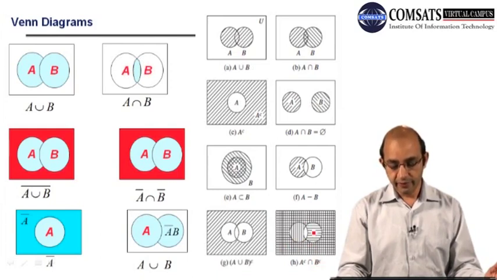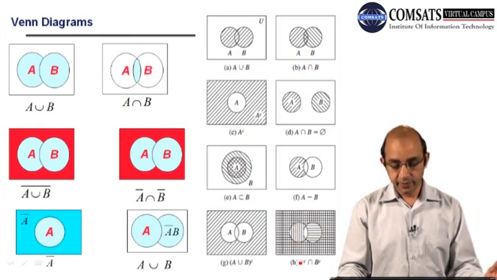If I take B complement as the vertical lines, then the vertical lines are not passing through this circle B; they are passing here.